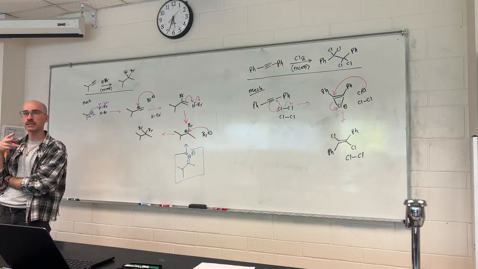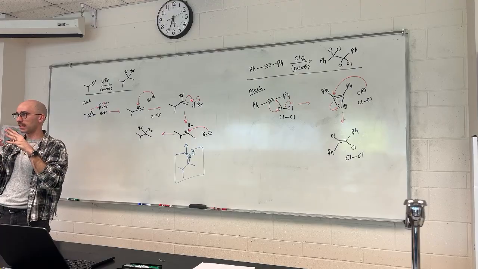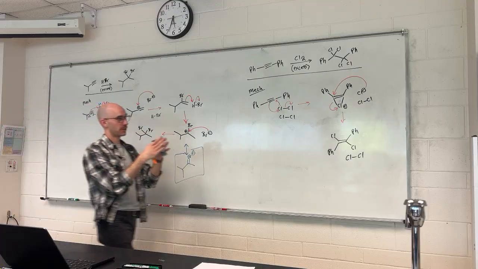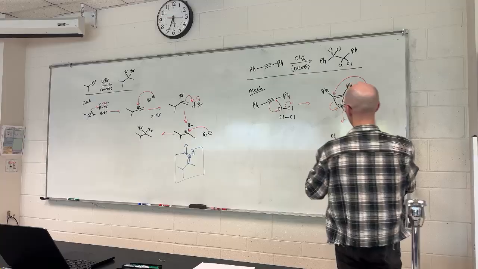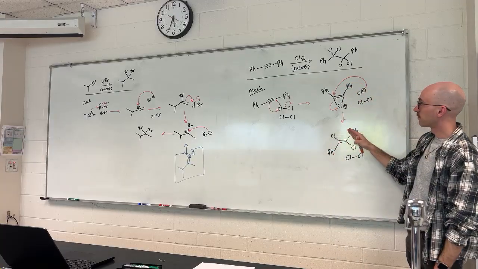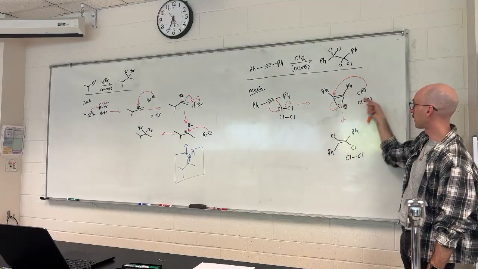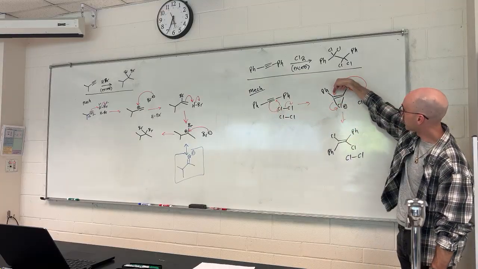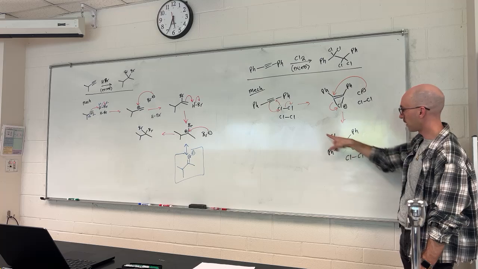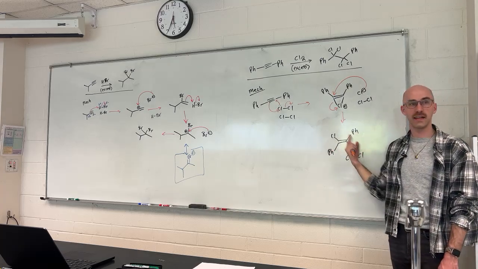If the 2 chlorines added to the same face of the alkyne, they'd be right next to each other on the resulting alkene. One of the chlorines added to one face of the alkyne, the other added to the backside, which is why our one equivalent addition is a trans dihalide.